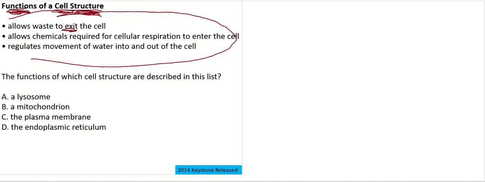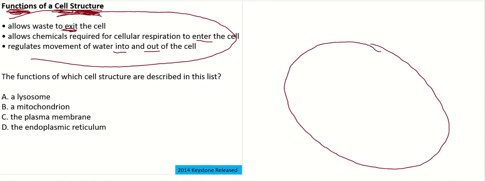Allow waste to exit. What part of the cell has a job to allow things into the cell? Water into the cell, out of the cell. Well, the structure that allows things in and out of the cell is your cell membrane, or the plasma membrane. So answer C.